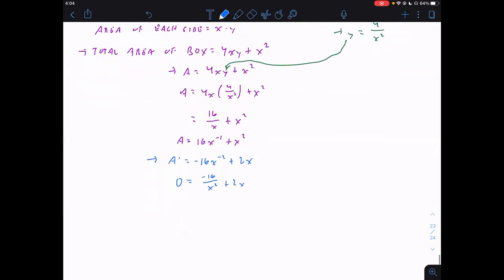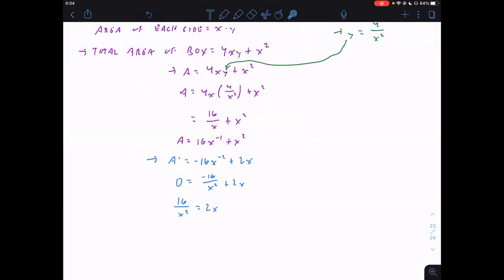Now what to do here? How are we going to go about solving for our critical value here, solving for x? Let's move this negative term to the other side. So we're going to have positive 16 over x squared equal 2x.